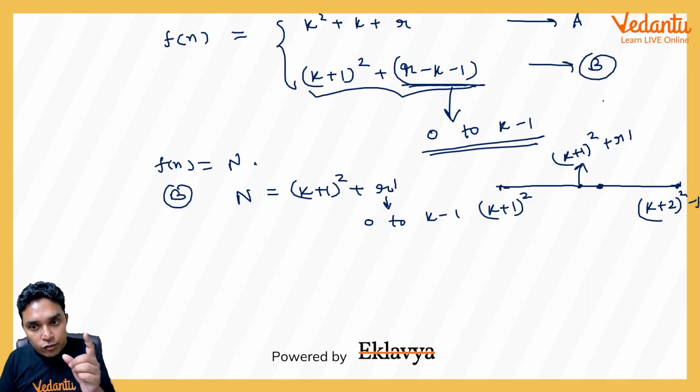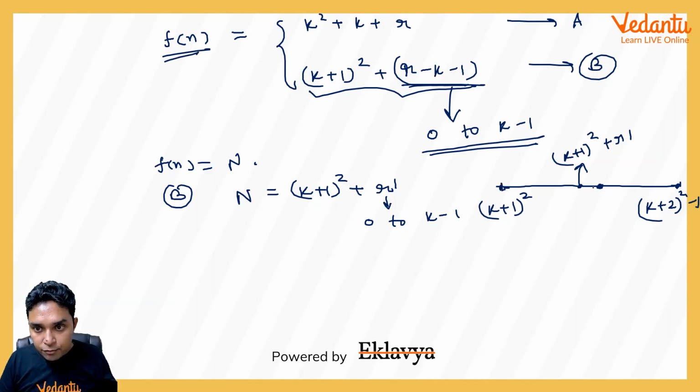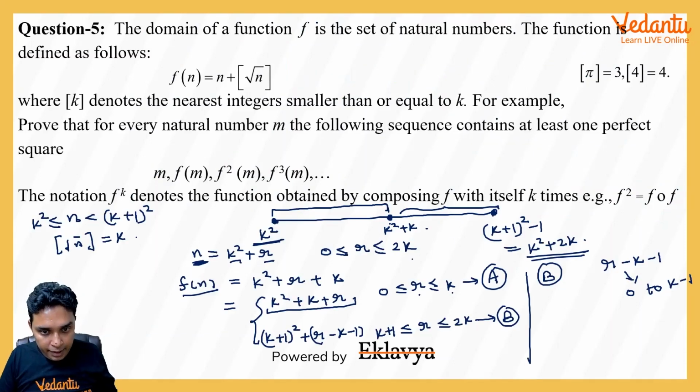So in this case of B also, you can think of that after applying my f function one time, it will be coming in the first part of this interval. In fact, in both cases, if my r is between 0 to k, then also it is lying in the first part of this interval.